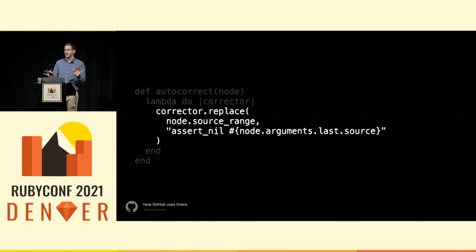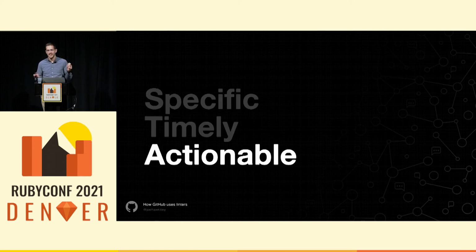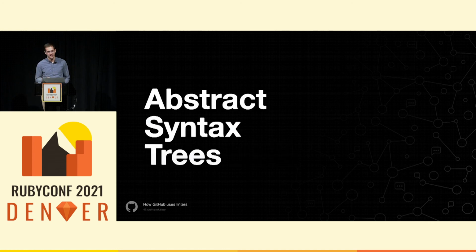Obviously, this is a very abbreviated implementation of this. It does not handle all the edge cases around where these things don't quite line up, or you might have a nil value or something like that. Does anyone have any questions about that? Cool. So needless to say, AST linters can be very actionable to the point of taking action themselves with autocorrection.